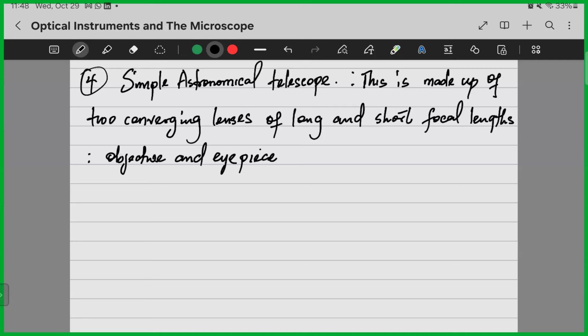So one in this case is the objective and the other one is the eyepiece. Please take note of that. The divergent lens is for inverting the final image.